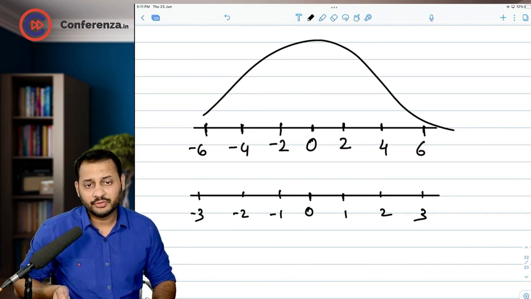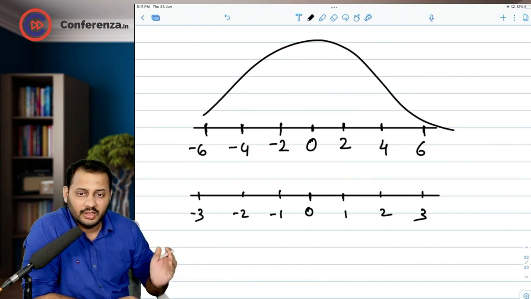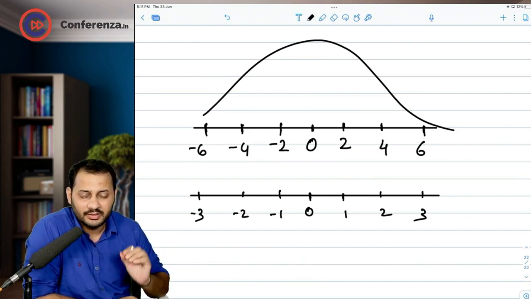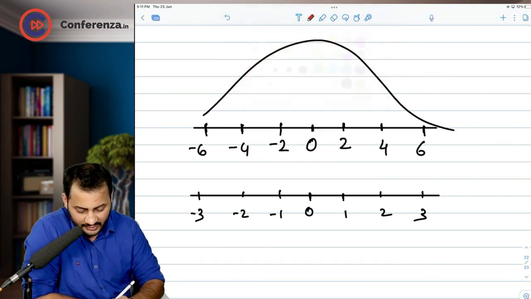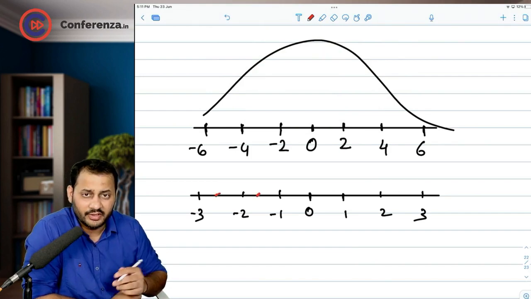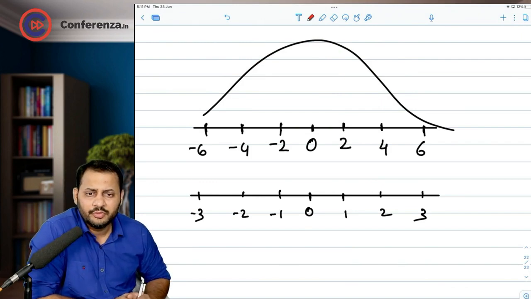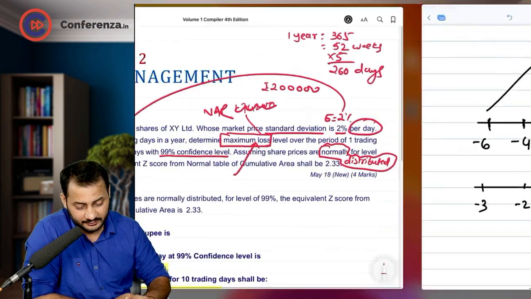Now what we should do first is find out the point of 99% probability, whether it comes to here or where. So let's go into the table and find out where we exactly land with a 99% probability.